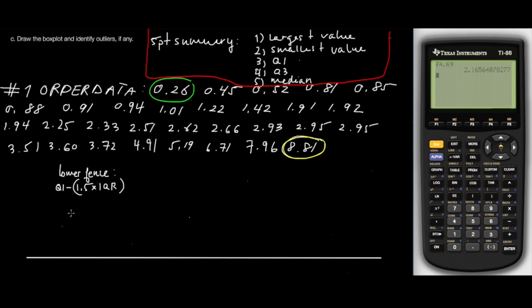Okay. So we have Q1, we know is 0.94. And to this we will subtract 1.5 times 2.57, which was our interquartile range.